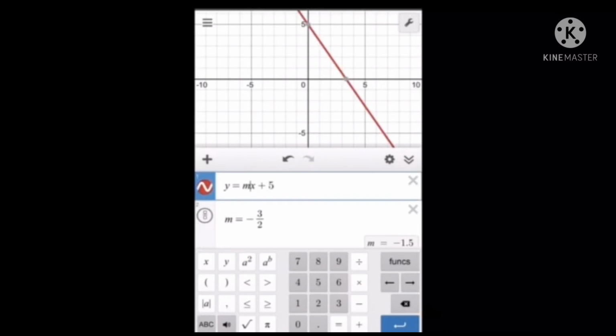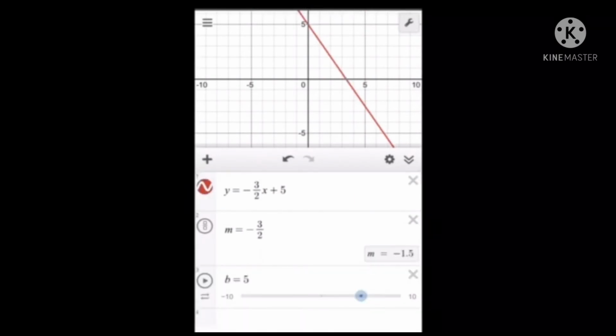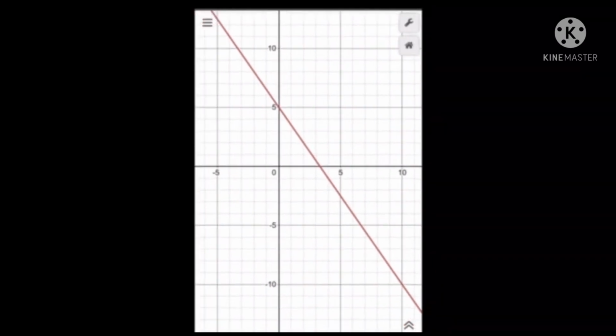Then the equation is y equals negative 3 over 2x plus 5, and we get the graph. Okay, this is our graph for this equation.